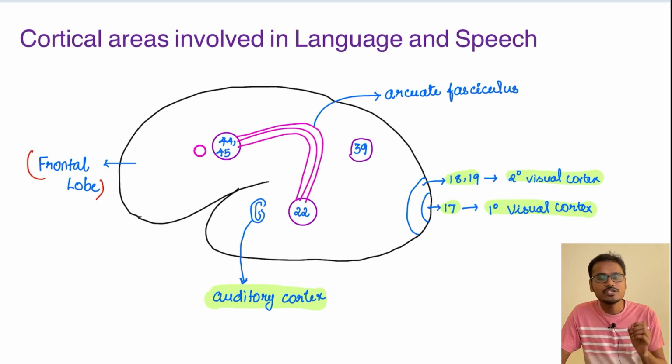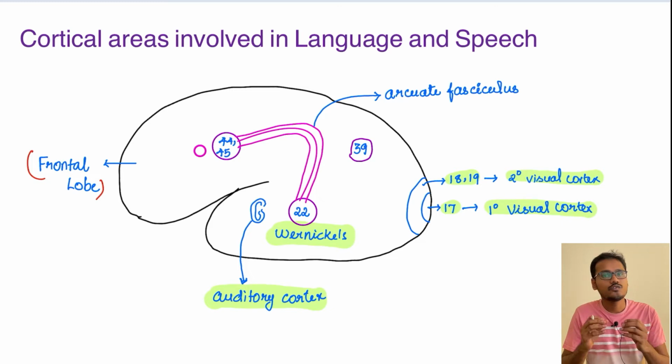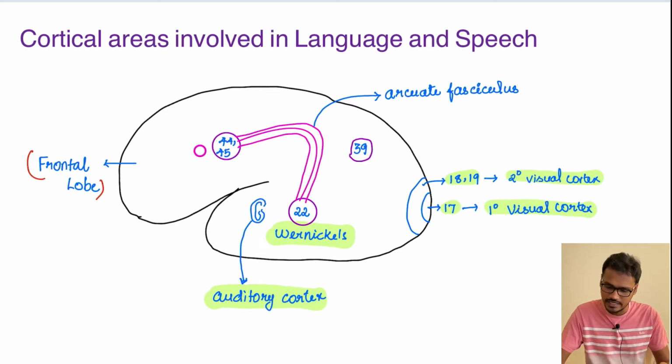Now coming to the specific language areas. The first and foremost important region which is essential for understanding a language is area number 22, which is called Wernicke's area. This is the most important region required. Wernicke's area has the confluence of information from all the regions like the visual cortex and auditory cortex, and not only from those, it confluences information from all the areas in the brain.